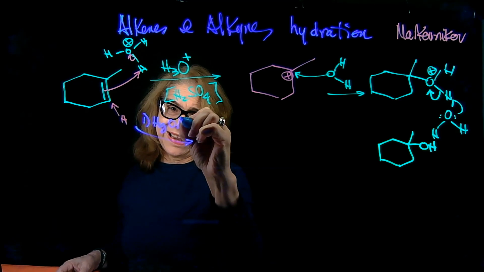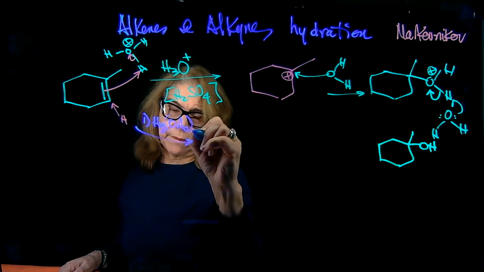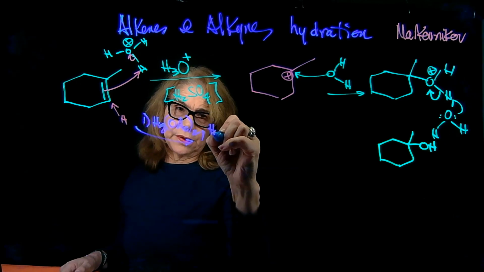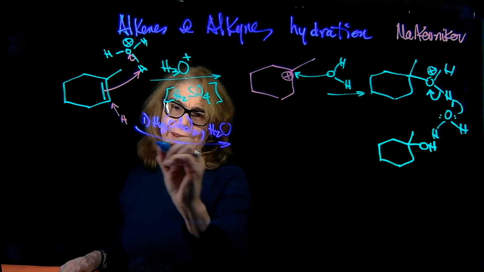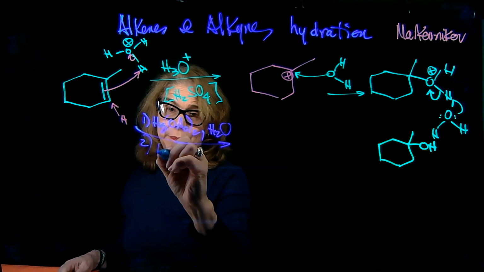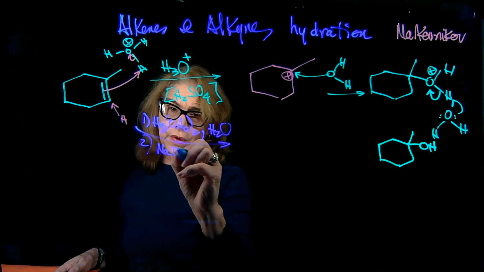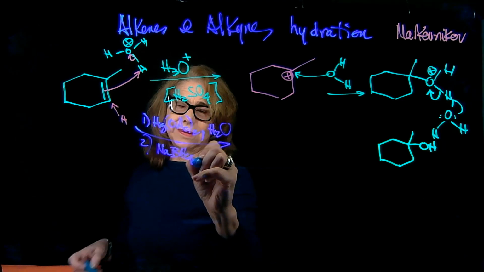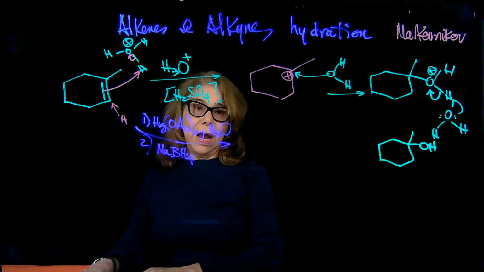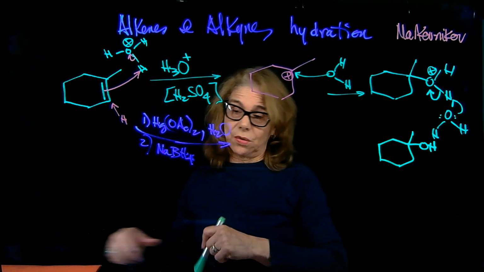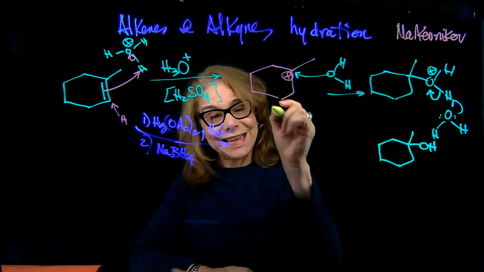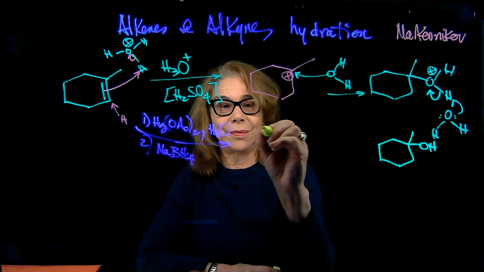So mercuric acetate, and if it is hydration, that's your nucleophile right here. The second step is that demercuration, and for that we use sodium borohydride. So it is Markovnikov, and you will not have the rearrangement. The reason why you don't have a rearrangement is that you don't have an open carbocation.